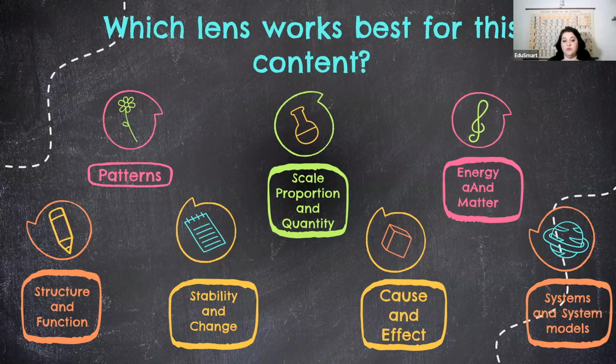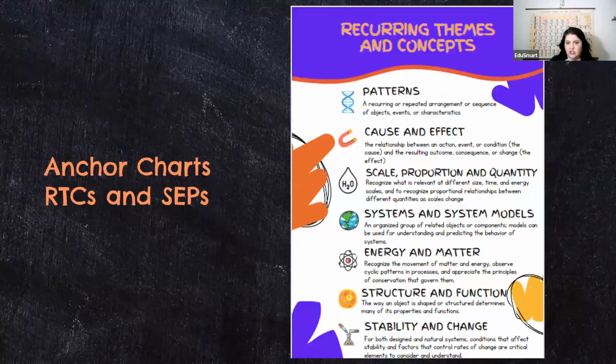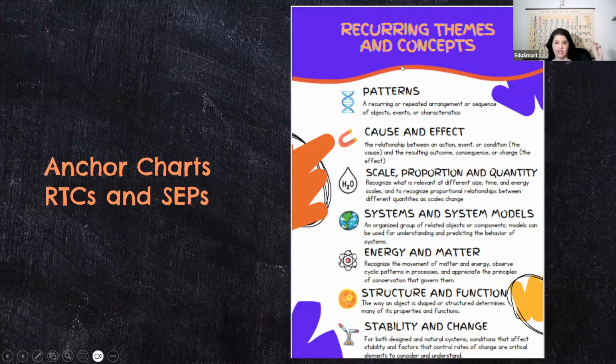Now, EduSmart again has created anchor charts for these, which I think will be very helpful as the students are learning. So it's going to look kind of like this. And one idea I heard from another teacher that I just thought was brilliant is that she would actually have this on her wall, or individual charts of each of these, where they have prompting questions or ideas of ways you can think in pattern terms or think in terms of cause and effect.